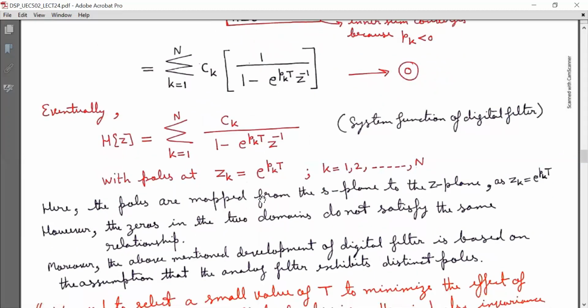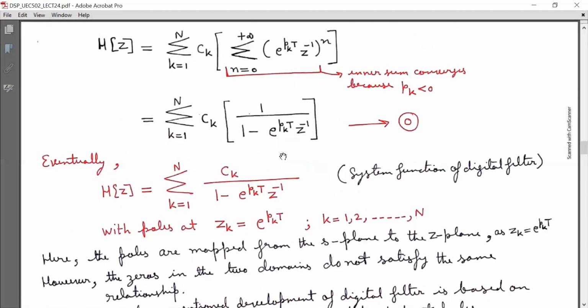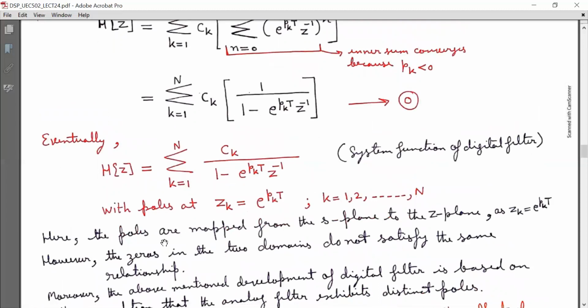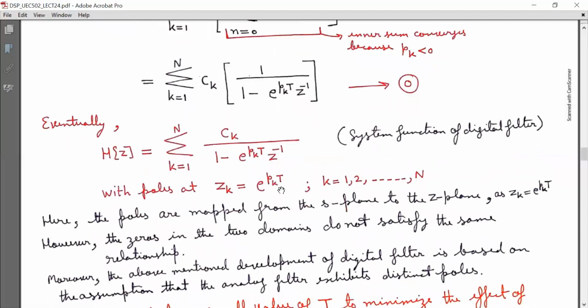Here the poles are mapped from the S plane to the Z plane as zk equal to e raised to power pk capital T. However, the zeros in the two domains do not satisfy the same relationship. If we focus only on the pole mapping, it is clearly evident that zk is equal to e raised to power pk capital T. So pk are the poles in the S plane which are mapped into the Z plane, but we have not considered much about zeros.